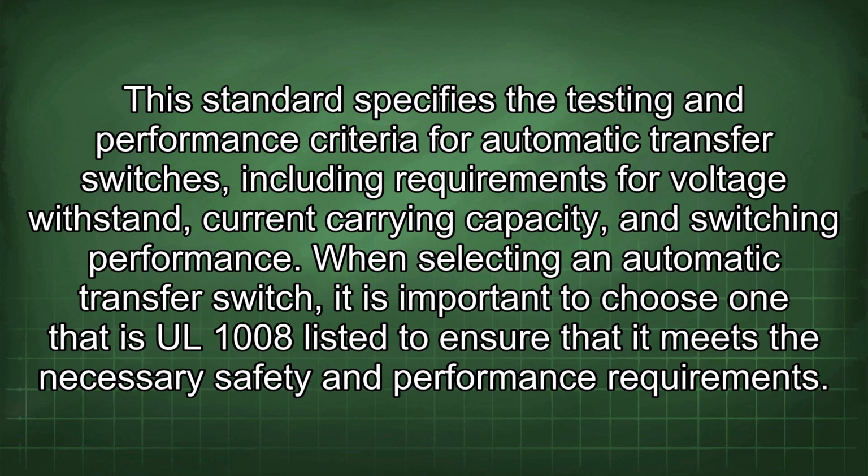This standard specifies the testing and performance criteria, including requirements for voltage withstand, current carrying capacity, and switching performance. When selecting an automatic transfer switch, it is important to choose one that is UL 1008 listed to ensure that it meets the necessary safety and performance requirements.